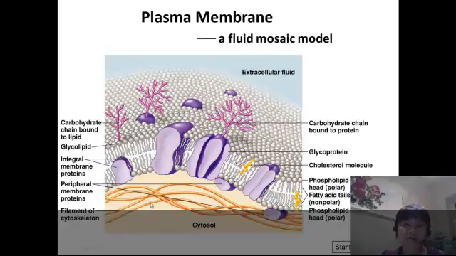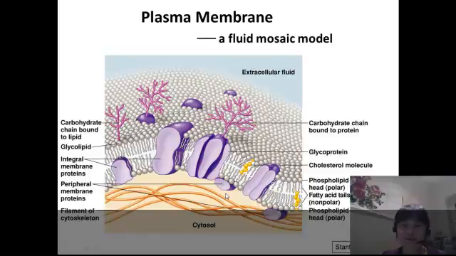On this model, we can see that there are phospholipid bilayers and protein which can be integrated or peripheral, and we also have carbohydrates. This is extracellular fluid, and here is cytosol, that is the intracellular fluid.